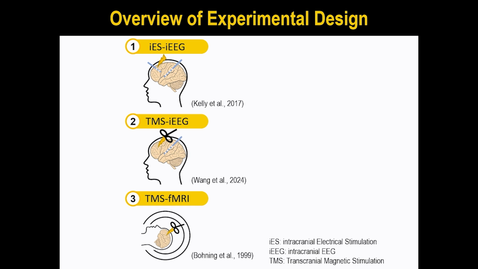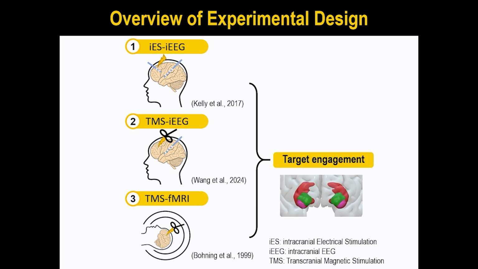The concurrent TMS-fMRI is a well-established method that allows us to deliver the TMS to a cortical region of participants in the scanner and to measure the subcortical region's activity with fMRI.